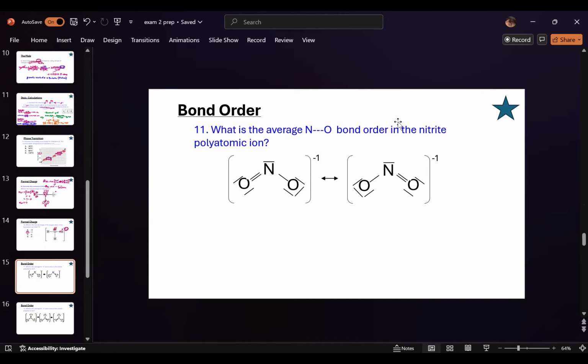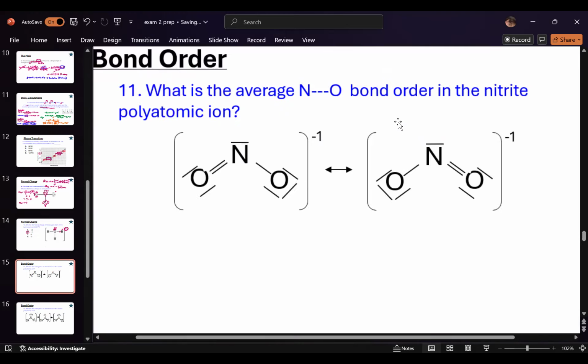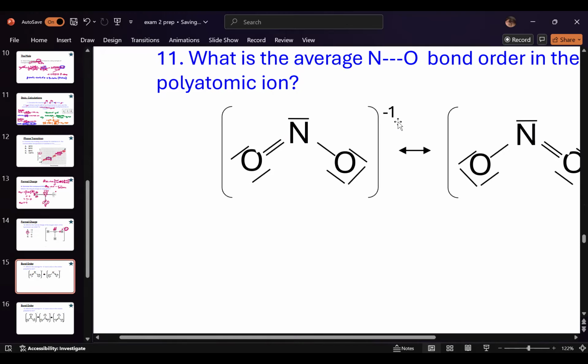If you have multiple resonance structures, like this thing indicates resonance in a structure, nitrite has two relevant structures overall. But you should want to calculate the formal charge just to know if you have too many charges in a structure.